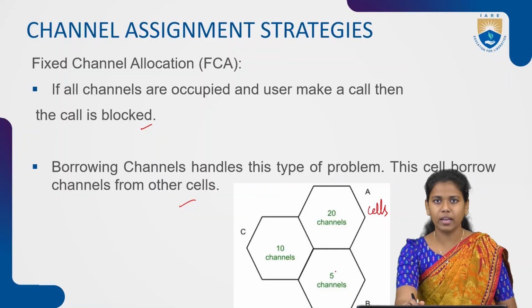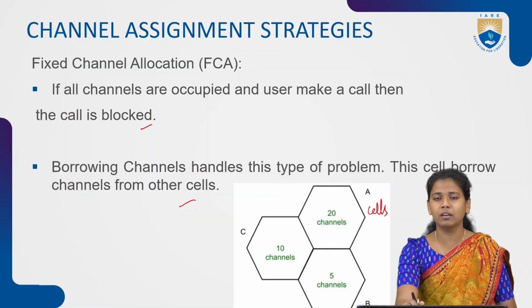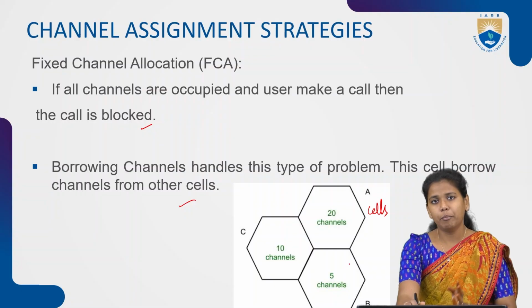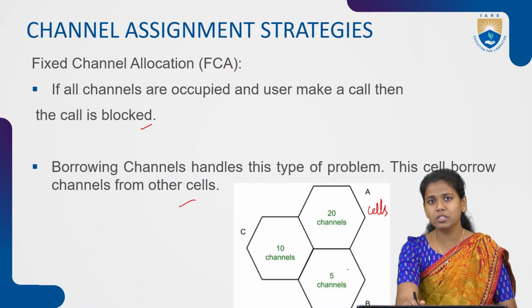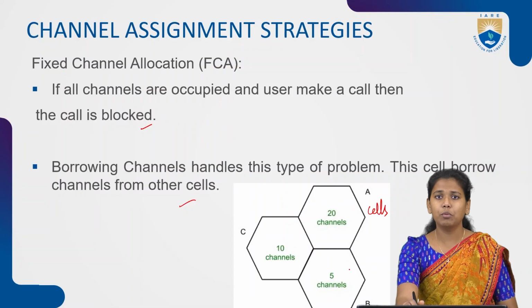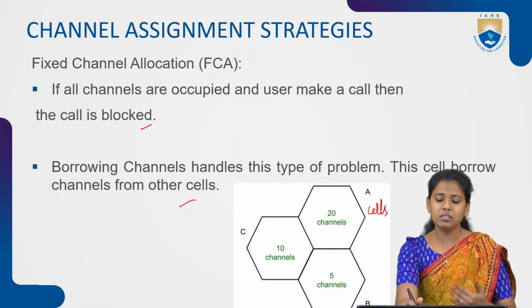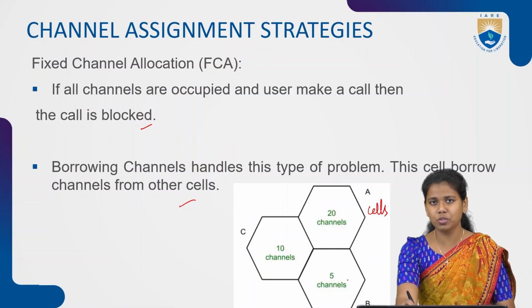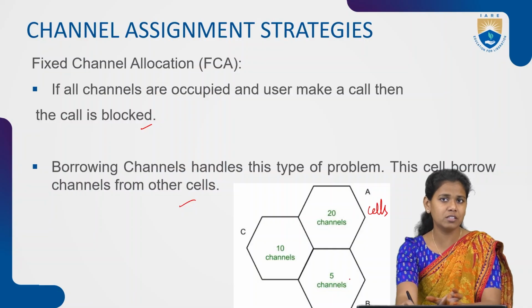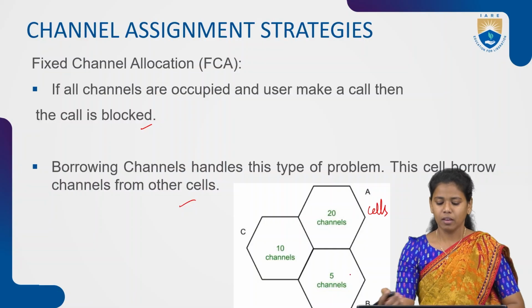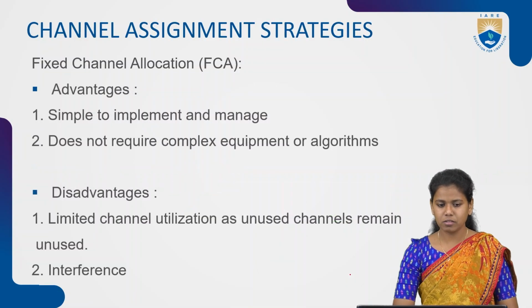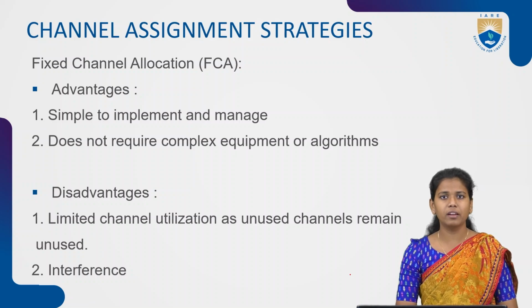So the allocation of the channels has been made to the cells, and the frequency reuse can be maximized. And once a channel is blocked, then it cannot be reused again. So here are a few advantages and disadvantages of this fixed channel allocation.